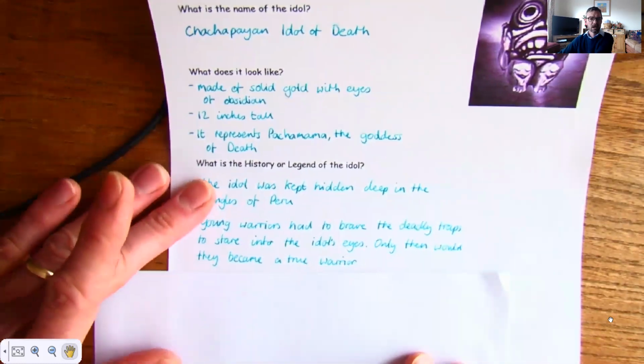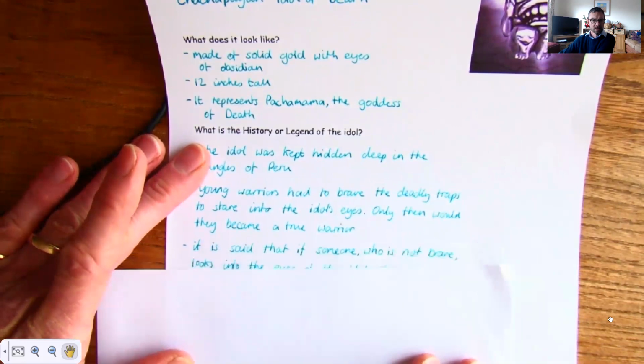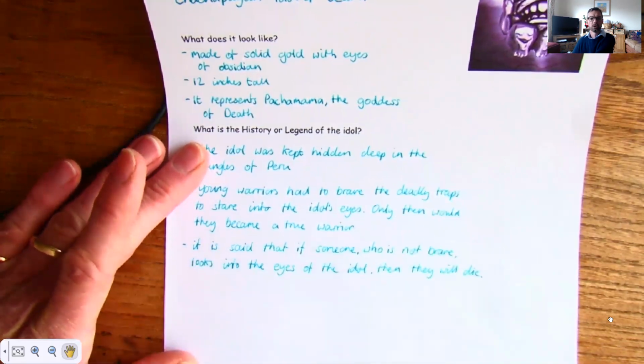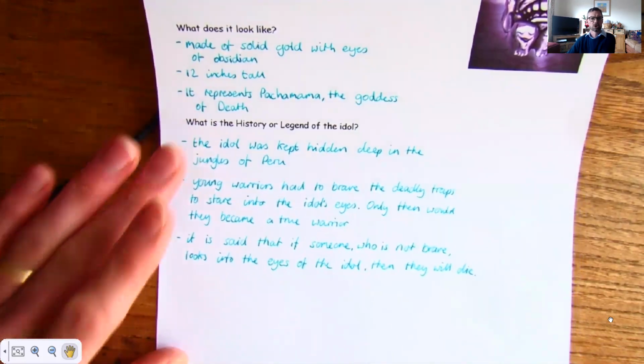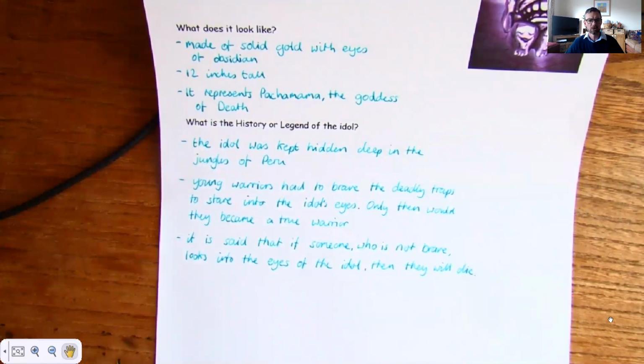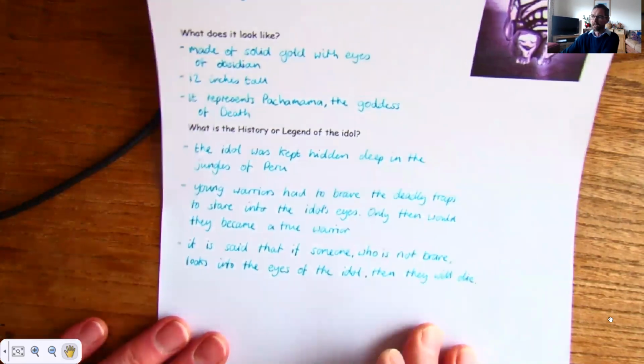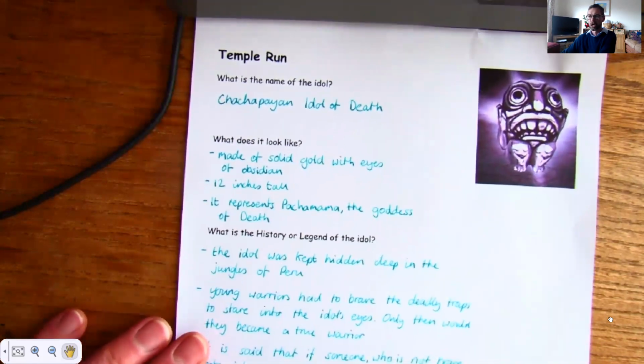And then I've done a little bit of a legend. So it's said that if someone who is not brave, someone who is not a true warrior, if someone who's not worthy looks into the eyes of the idol, then they will die. So those are the ideas that I've got for my idol.